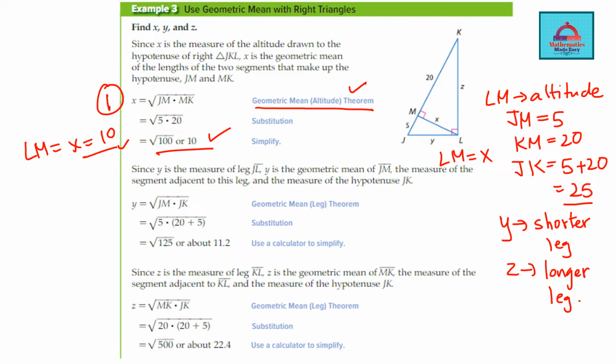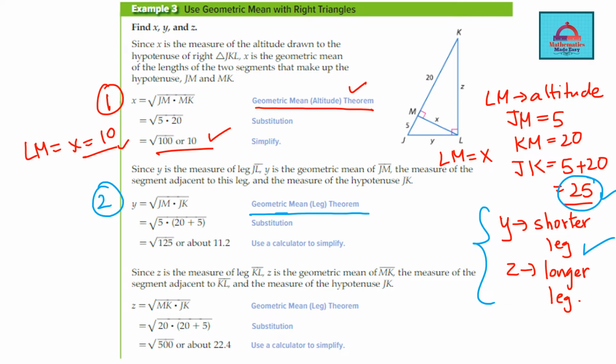It will be easy to find y and z. For finding the shorter and longer leg, let me change color. You are now going to use the second part of the theorem, which is the geometric mean leg theorem. If you are finding the shorter leg, you take the length of the hypotenuse, so the total is 25, and the segment closer to it, which is 5.